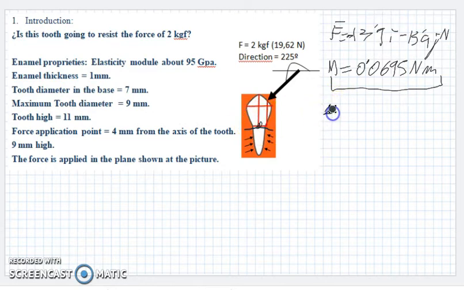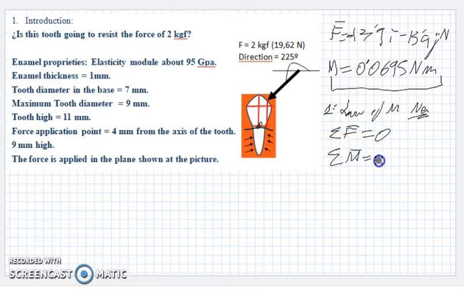Remember the first law of motion, Newton's law of motion, says that if the addition of all forces and all moments, which is written like this, all the forces added and all the moments added together must be zero, then there is no movement.